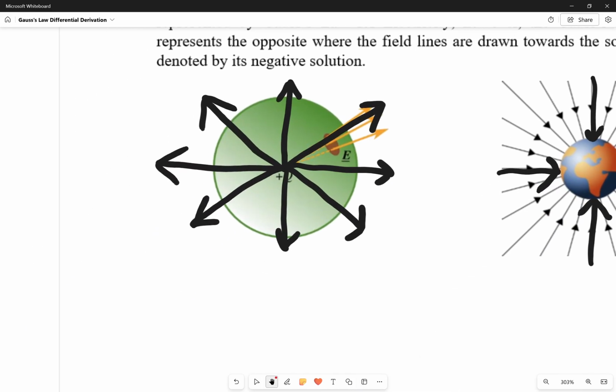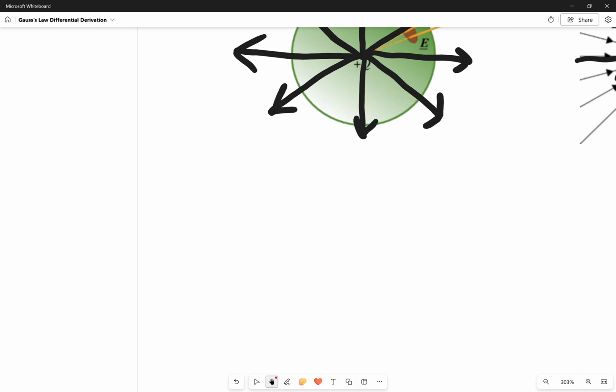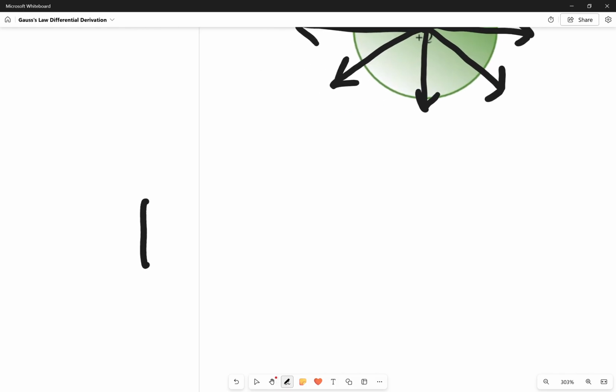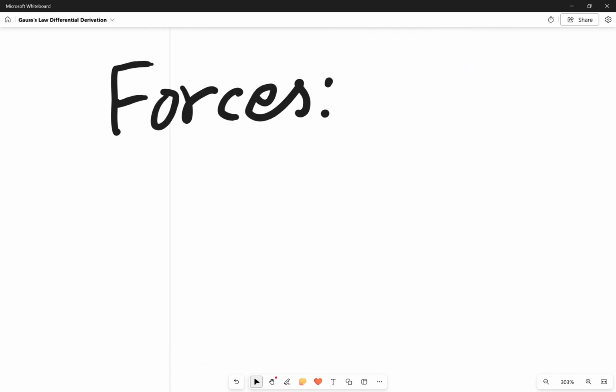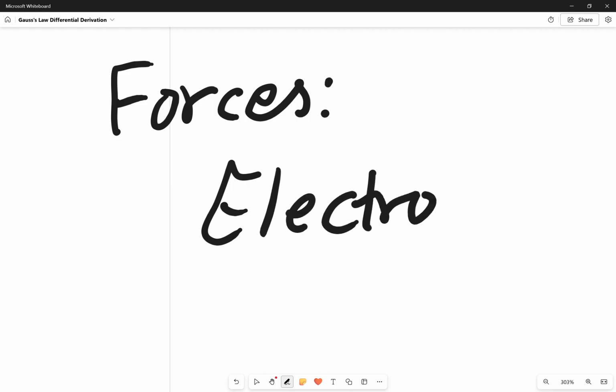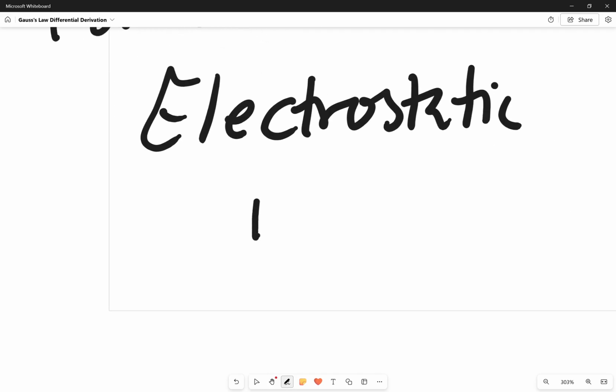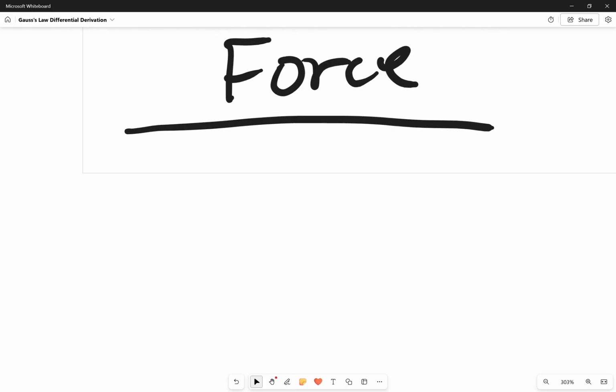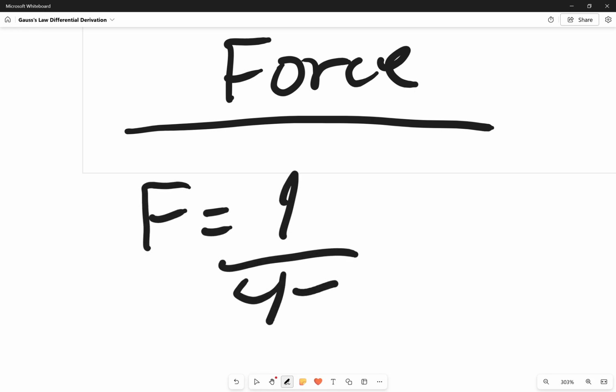Next, we can follow with the forces involving both electricity and gravitation. We can start with the electrostatic force. We can understand it from Coulomb's law, being the forces between two charges.